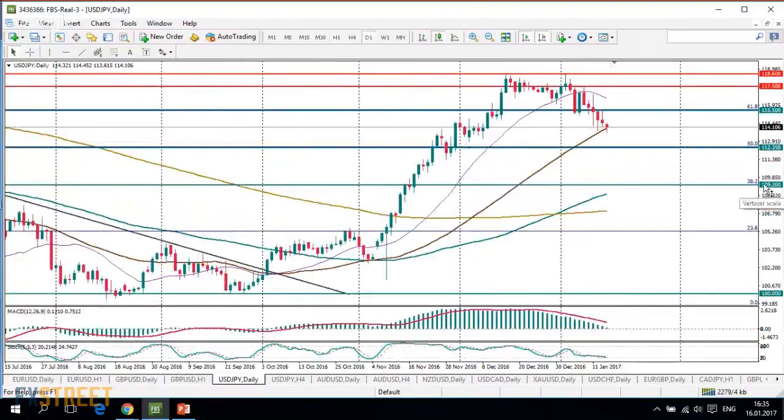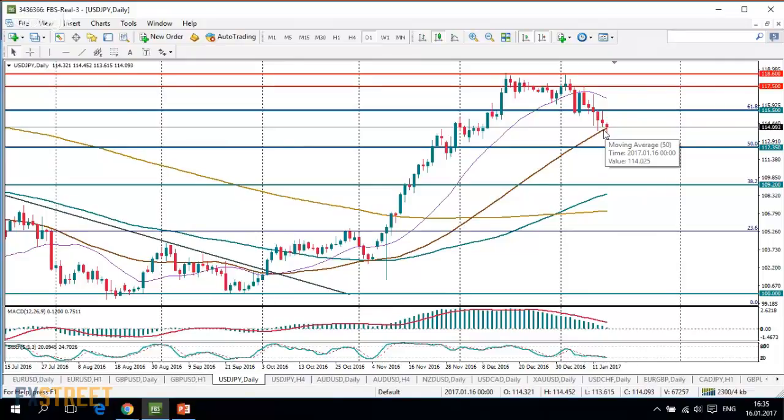Next one on our agenda is the US dollar Japanese yen currency pair. After some struggle above the 115 mark during the previous weeks and the first part of last week, the bears finally managed to get dollar yen lower.